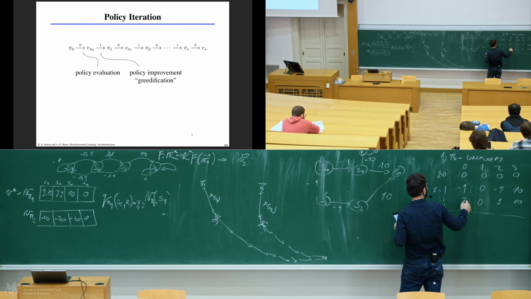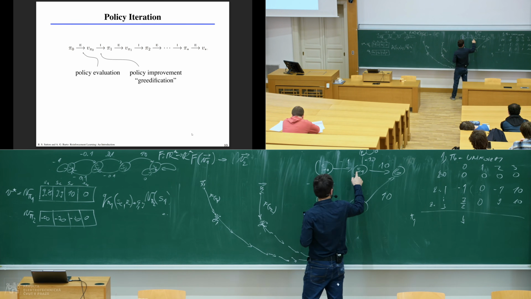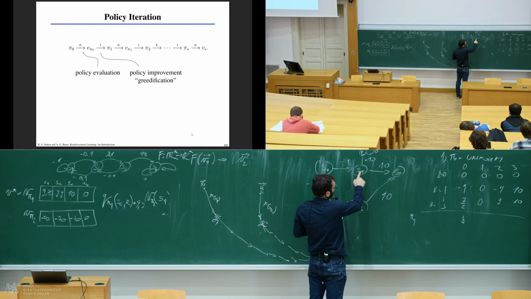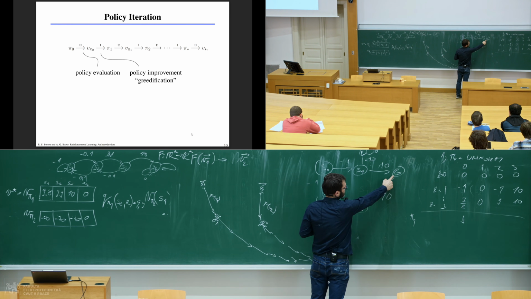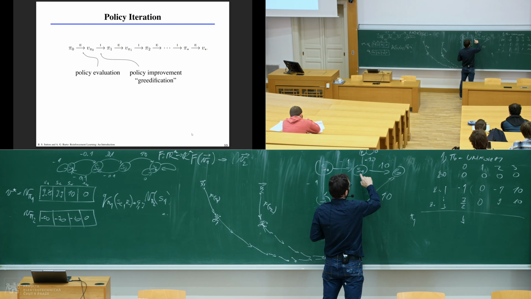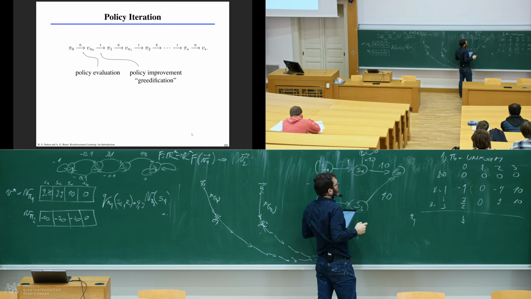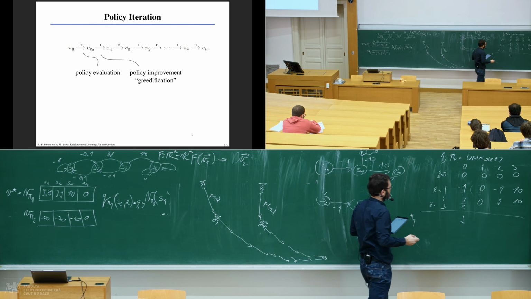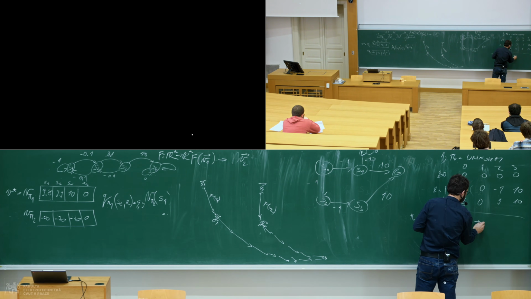In state 1, for going here, we get 10, and we'll get to goal. For here, we get -10, and we go to fail. So we, of course, decide to go 10 and go right.